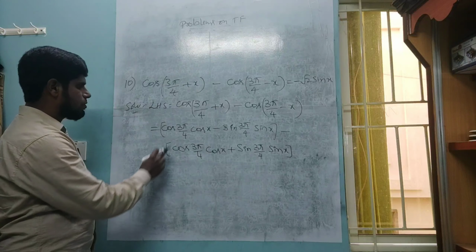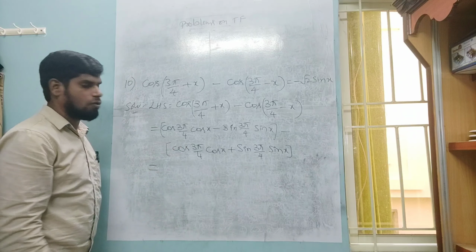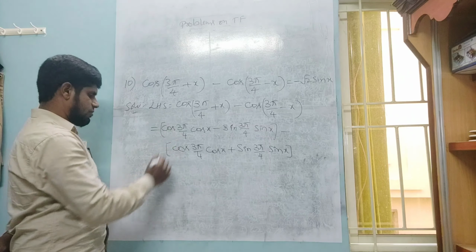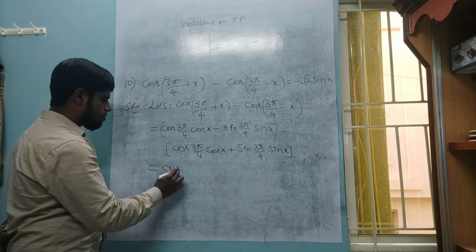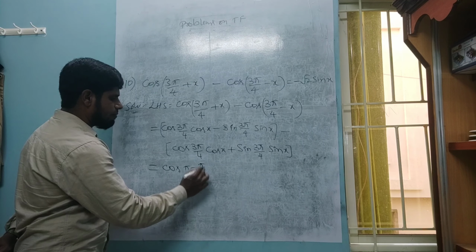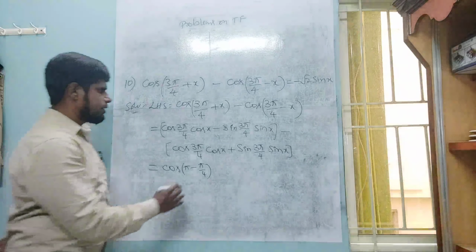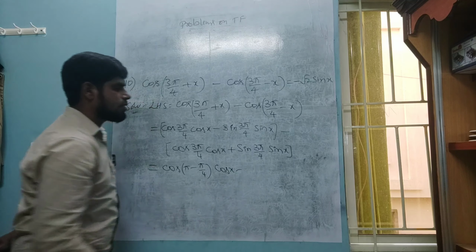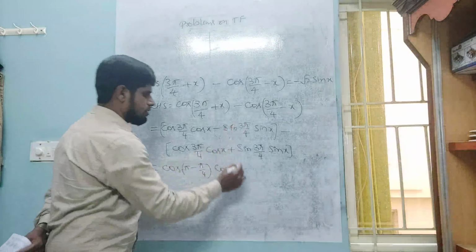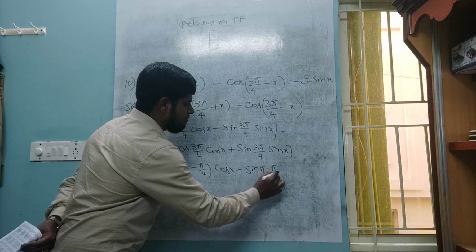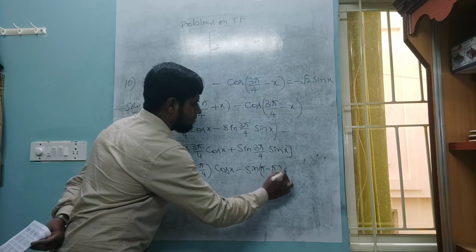And this is equal to cos 3π/4. As we did in the previous problem, I will write cos(π − π/4) because it is in the second quadrant, and cos x as it is, minus, same way, sin(π − π/4) into sin x.